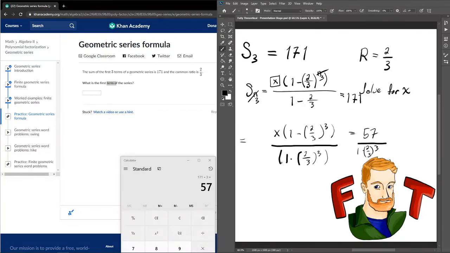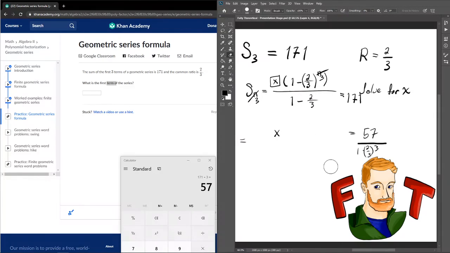So now that crosses out, and we get left with x equals this expression, 2/3 cubed, which we did already, so it was 8/27 times 1.